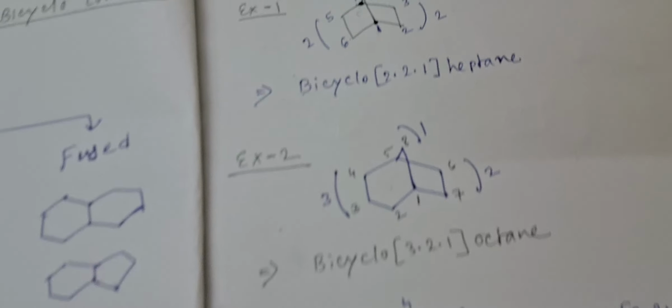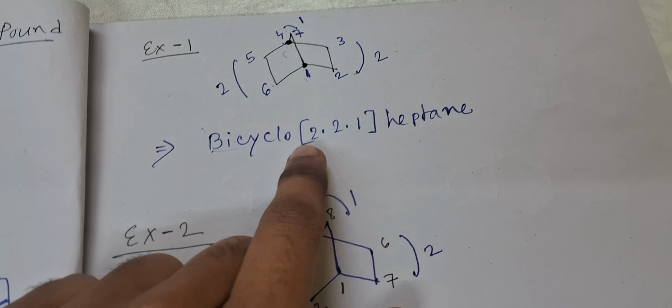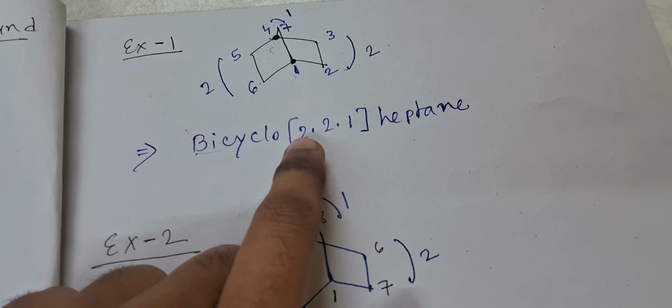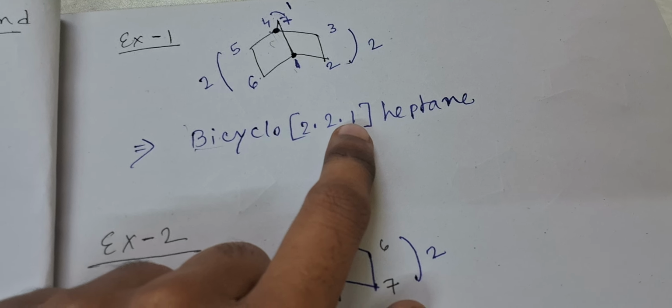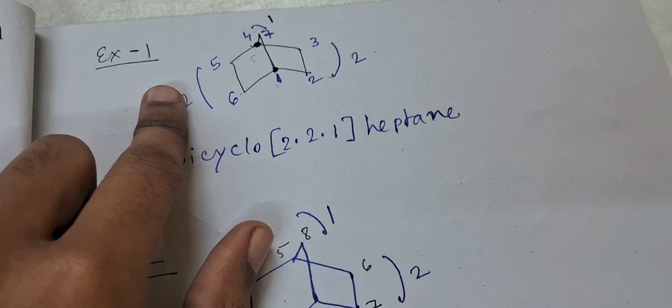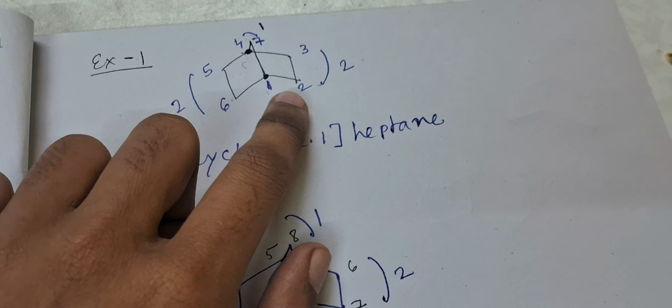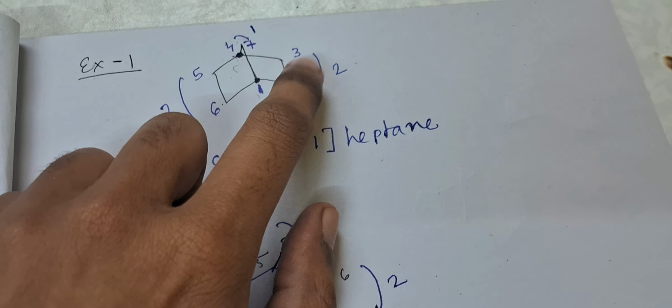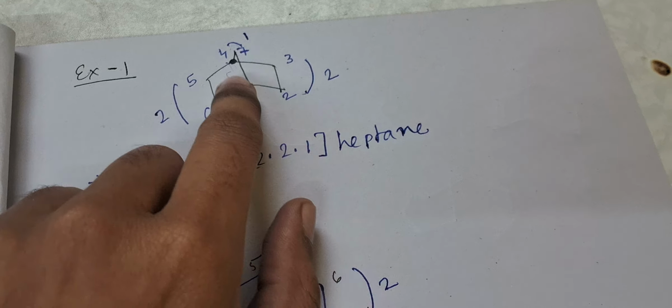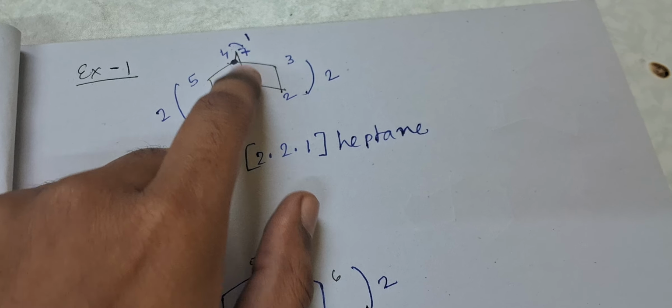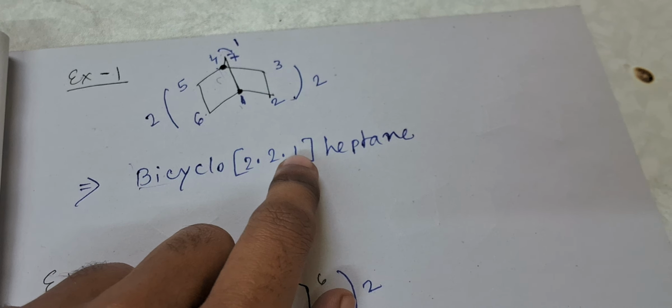So 2 is higher than 1, hence you need to write 2, again 2, and this 1, because here 2 carbon atoms are present in the left side, also 2 carbon atoms are present in the right side, and the residual carbon atom is present at the top side, hence I have written it at the end.